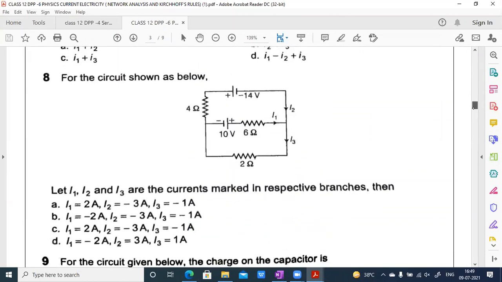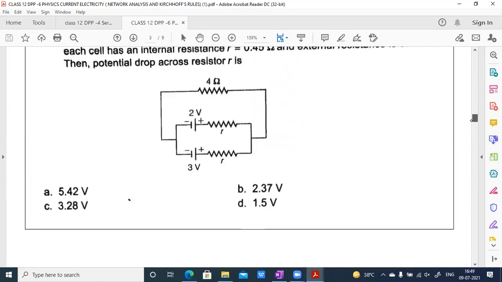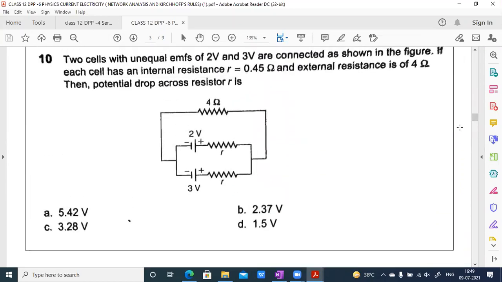6th we did, 7th we did, 8th I asked you to do in class, 9th, yeah. Question number 10. Question number 10 is again a similar method.